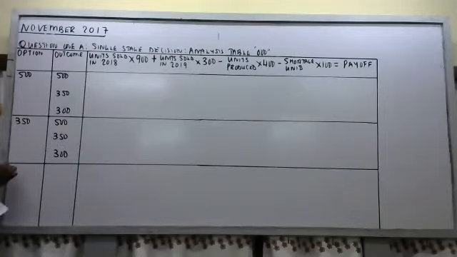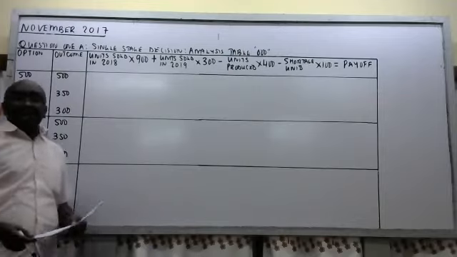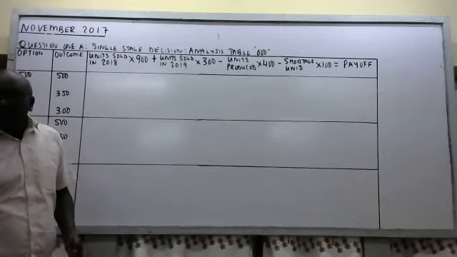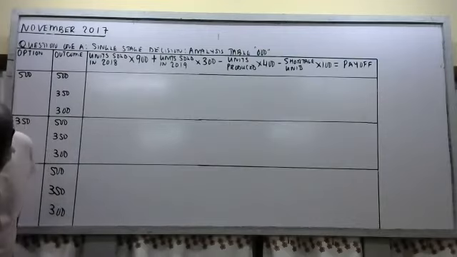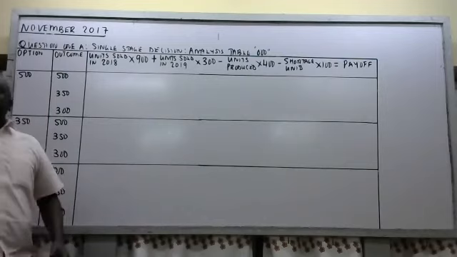Equally, you can decide, I'm going to produce 300, but demand turns out to be 500, 350, and 300. So we can go one by one.